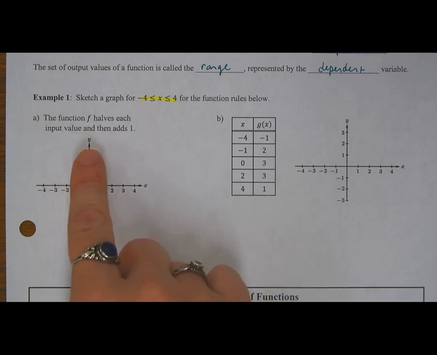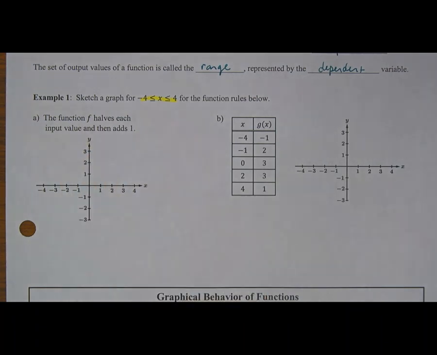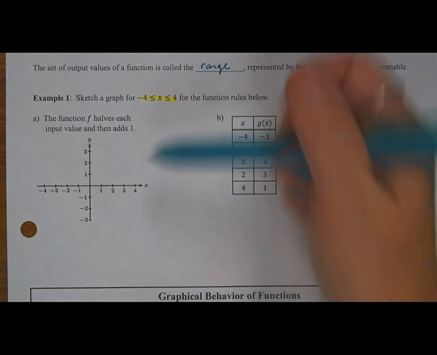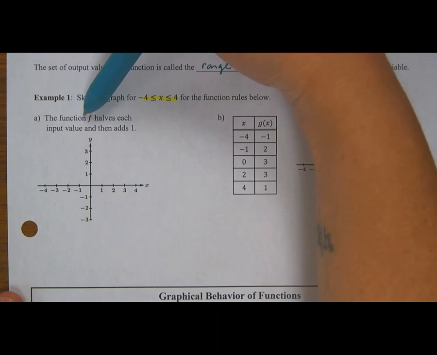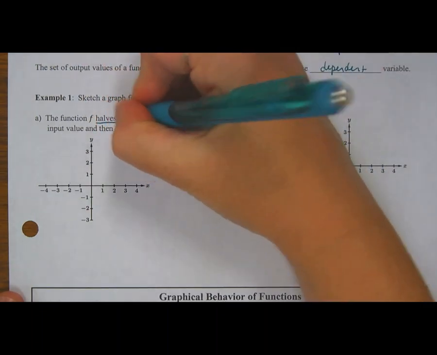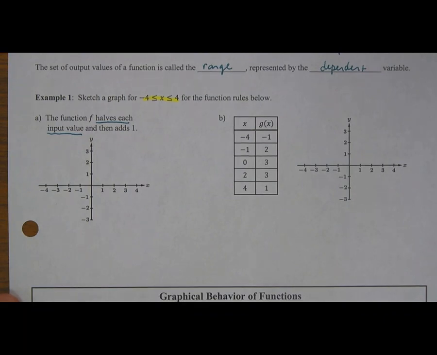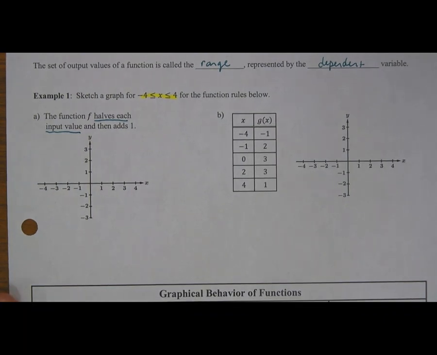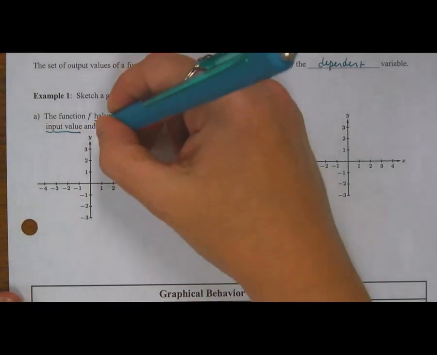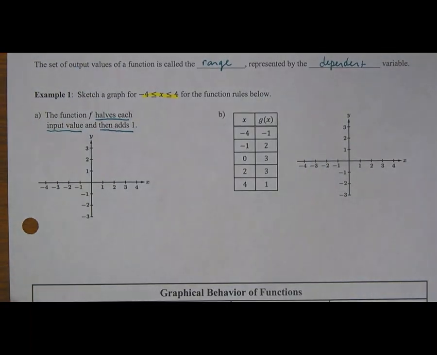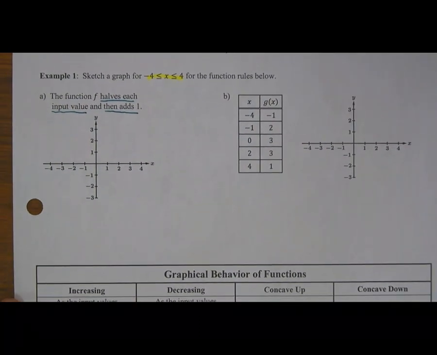So A is kind of keeping things just in terms of words here. It says the function halves each input value. You can read that as every single x I plug in, I'm going to cut it in half, and then I'm going to add 1 to it. So there are lots of different ways you could tackle this.